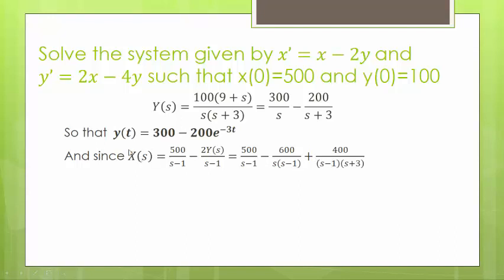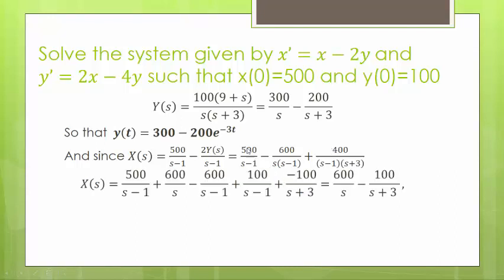If I want to take the inverse Laplace transform, I need to decompose the second and third fraction, or rational expression. When I do that, you'll notice I have the first term left, it remains. 600 over s times s minus 1 has broken into these two. 400 over s minus 1 times s plus 3 I now have here.